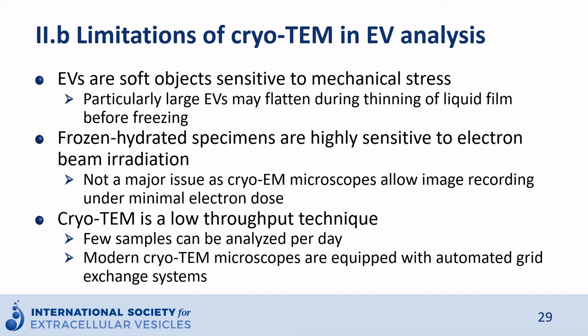More importantly, cryo-TEM is a low throughput technique. Only a few samples can be analyzed per day. This is partly solved with the latest generation electron microscopes, which are equipped with automated grid exchange systems. Still, cryo-TEM remains a low throughput technique.